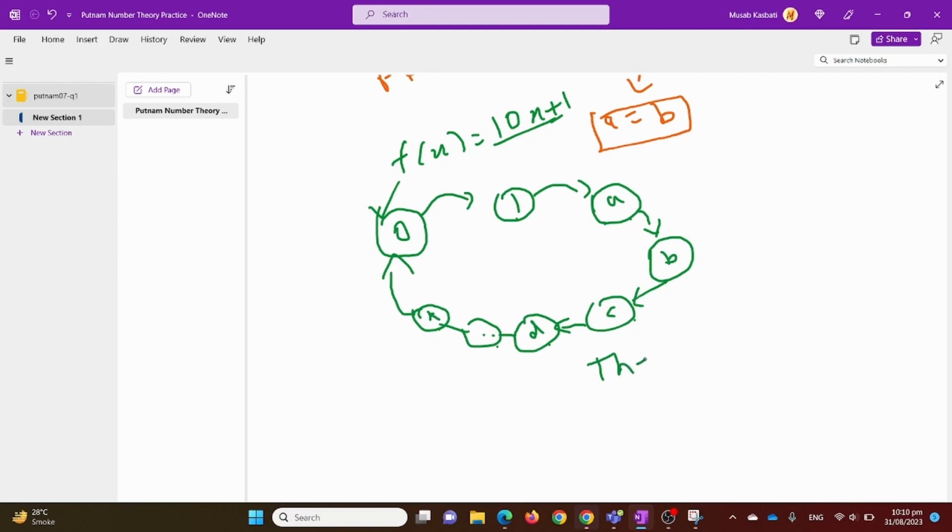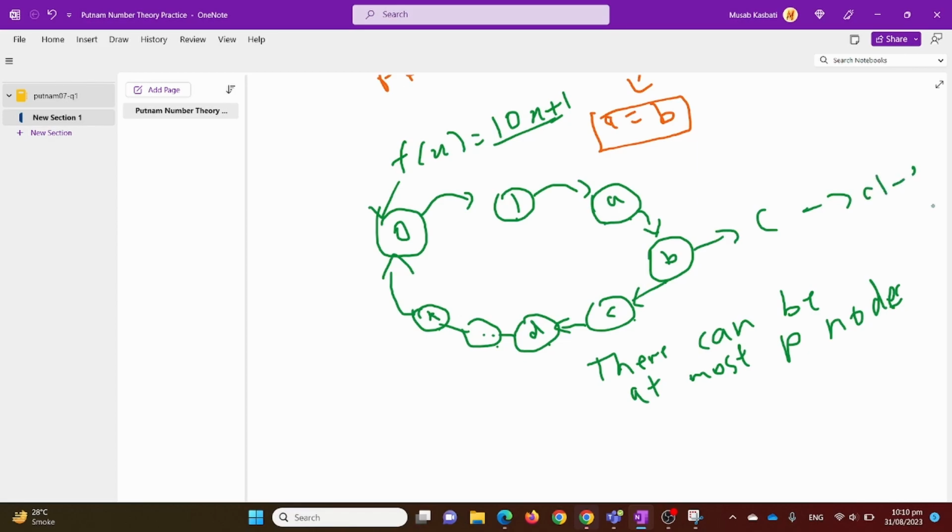But I also know that there can be at most p nodes, right? I can't just continue this to c and then to d and then to e and so on forever, because there's only p possible remainders. So there's only p nodes, but I know there can't be any premature cycle. So the only option left is that this eventually has to cycle back to 0.